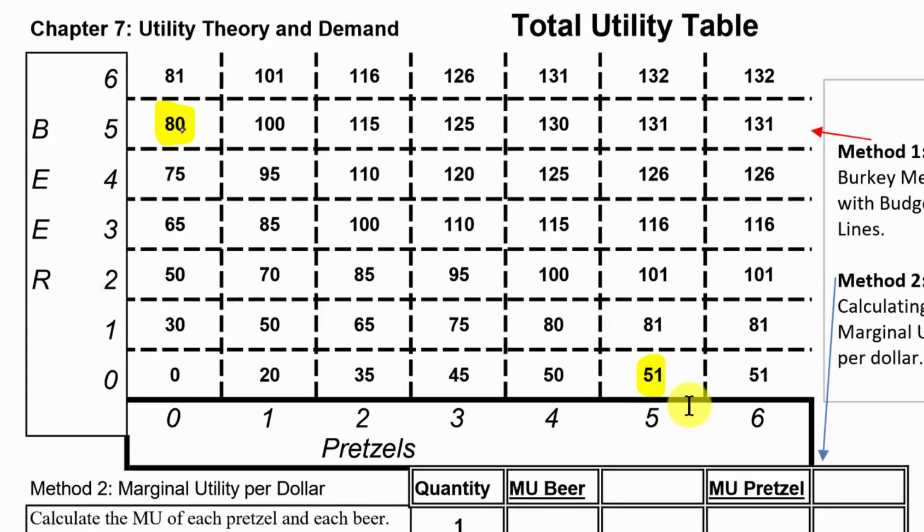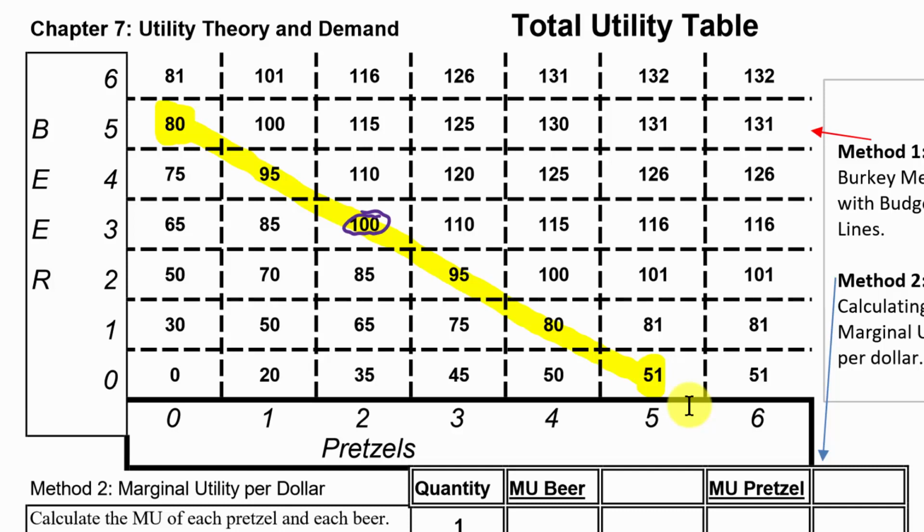But we can afford all these possibilities in between. So how do we maximize this person's utility? Pick the biggest number, right? Which combination along that yellow line gives this person the most happiness? It's this one, where the person has 2 pretzels and 3 beers and they are 100 happy.